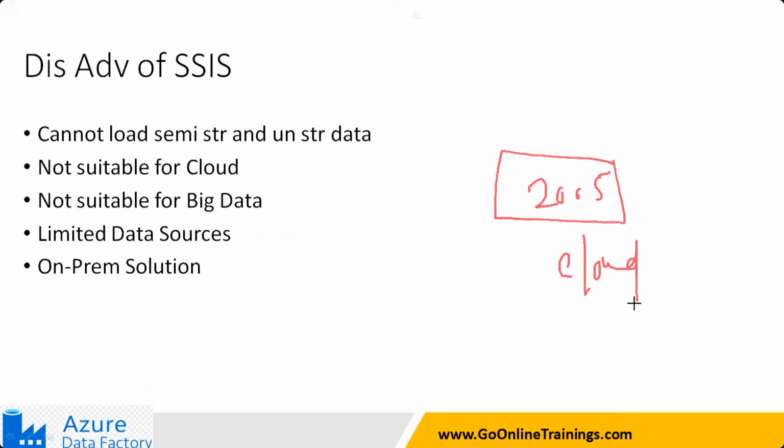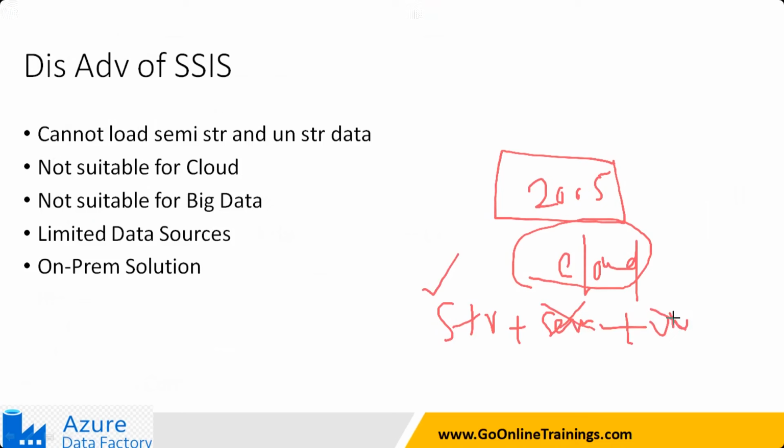So if you want to deal with structured data or semi-structured data or unstructured data, SSIS can handle structured, but semi-structured and unstructured it cannot handle. I'm talking about SSIS, and it will be able to load. You can take the data from different sources.